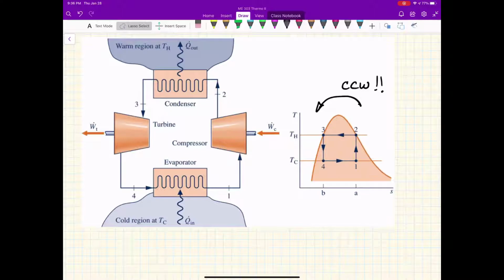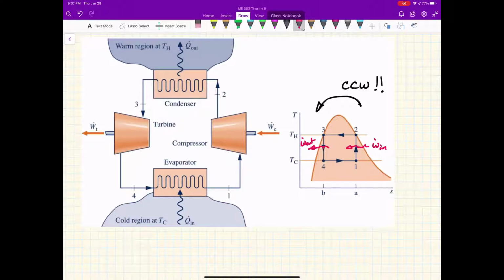Next, we enter a turbine at state 3 as a saturated liquid, and we expand from the pressure at 3, which is a high pressure point, hot reservoir temperature point, down to the low pressure point, low temperature reservoir point, corresponding to the saturation pressure at T sub C. That's the pressure that we're going to expand through the turbine to. And so we're going to get some work out of that system at that point. So this is work out, and this here is work in. And the difference between those two works is the net work in, the denominator on our beta, just to keep things in perspective.